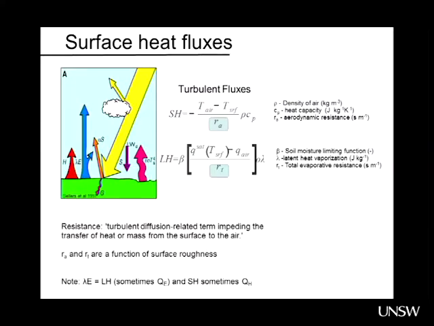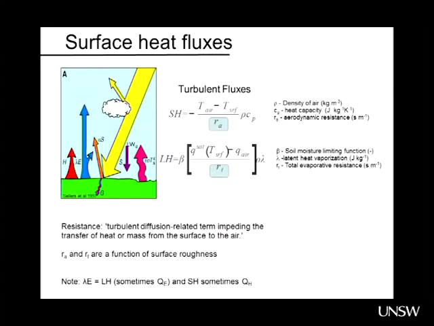So, a few terms. That's what a resistance is. You should be familiar with that, I hope. These are basically aerodynamic and total evaporative resistances. These are related to how rough the surface is. So if you have a nice, smooth grassland, that is much more aerodynamically smooth than, say, a forest.